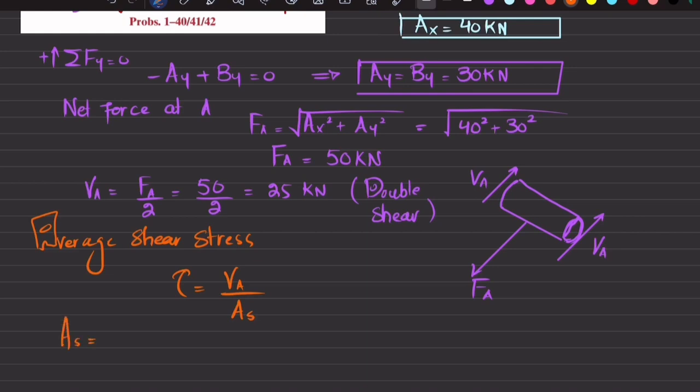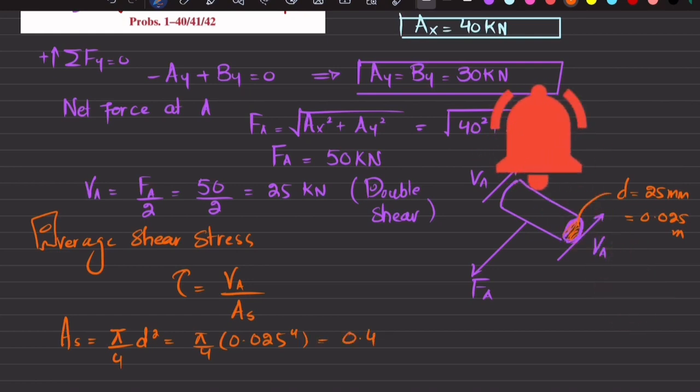The diameter of the pin is given as 25 millimeter, which in meter is 0.025 meter. The area of a circular pin is pi by 4 d square. So put the value, pi by 4 into 0.025 squared will give you 0.4909 into 10 raised to power minus 3 square meter.